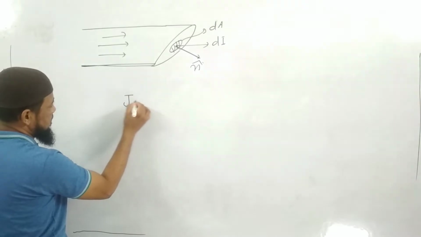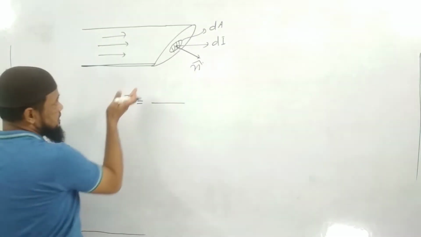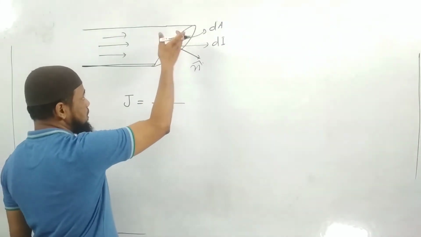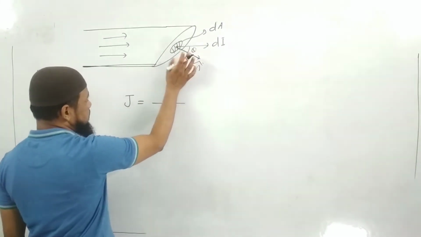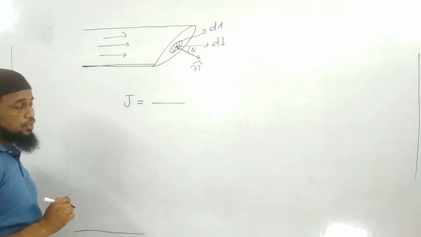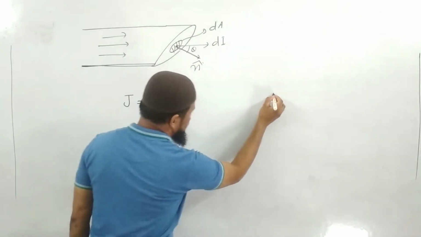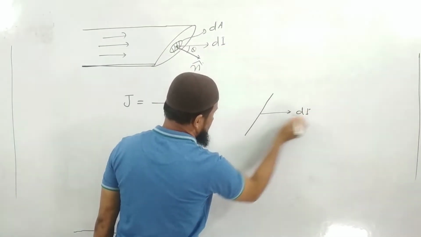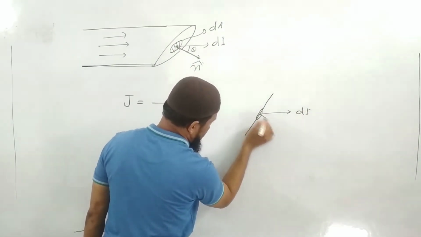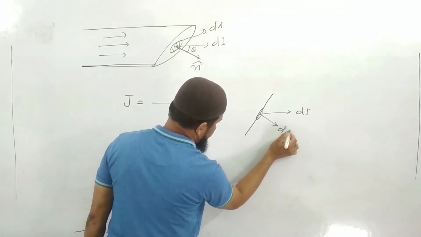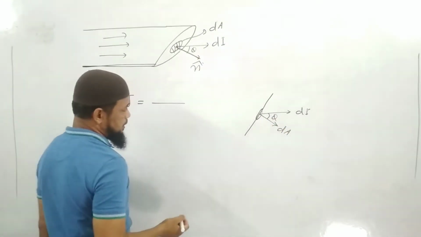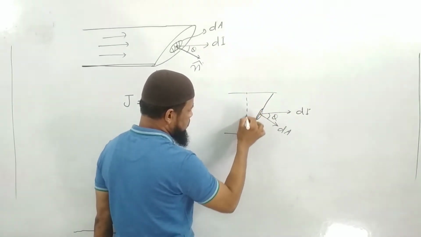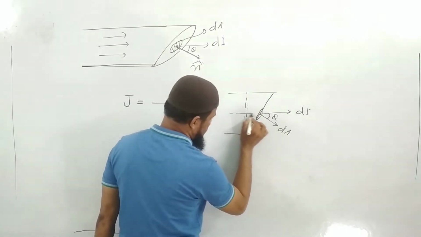Here current density J will be defined by considering the cross-sectional area not making an angle with the current, but in the direction of current. So what we will do is consider the component of dA which is perpendicular to the direction of current.